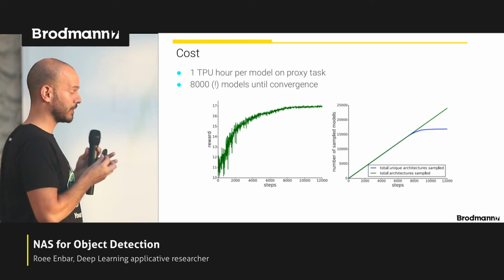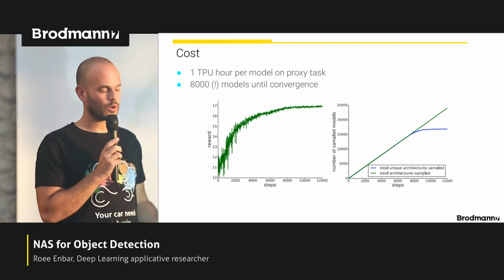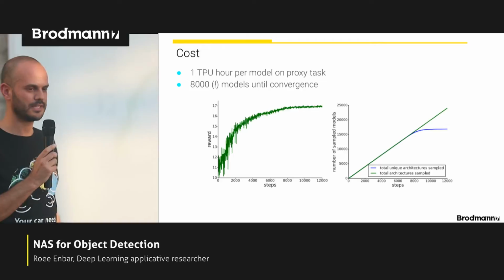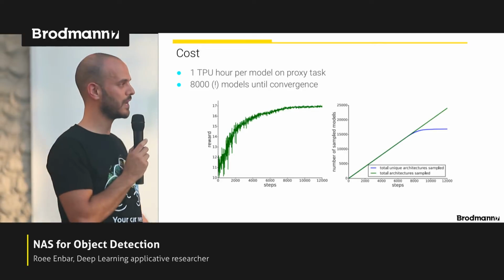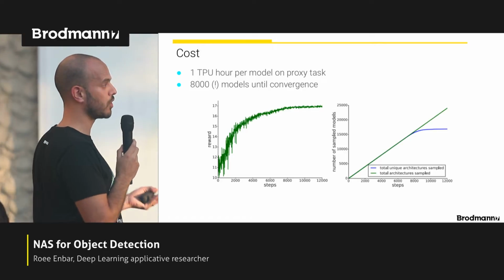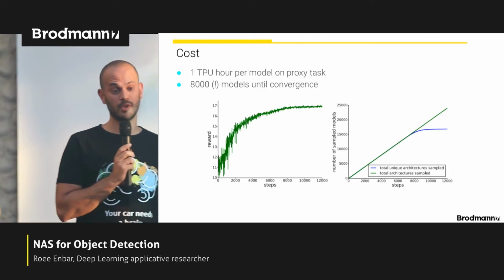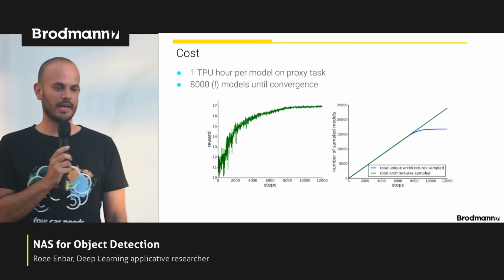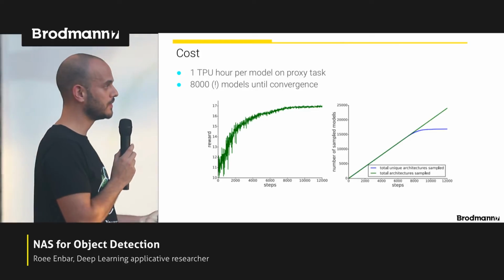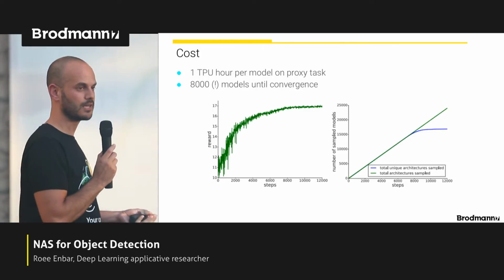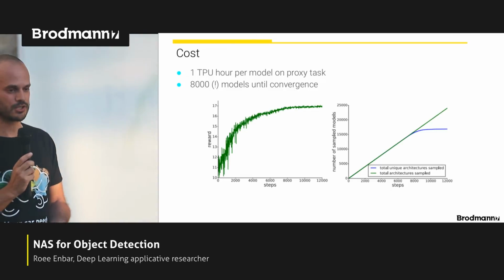However, let's talk a little bit about the cost. So Google being Google, they don't mind, they don't care. Training each model on the proxy data set takes 1 hour on a TPU, and their agent took around 8,000 samples, 8,000 models to converge.